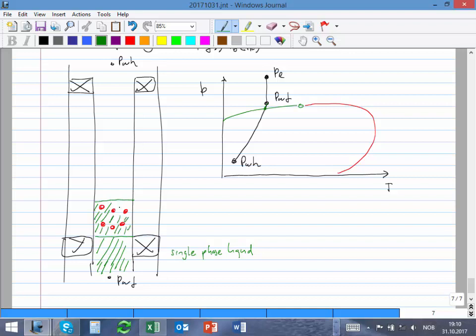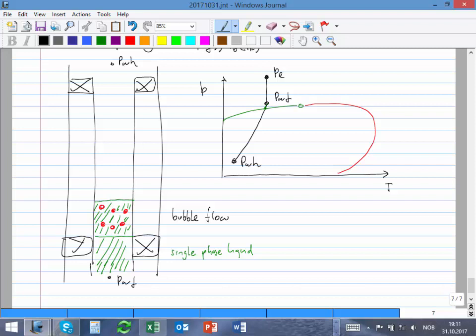And this flow pattern that I have, this is a flow pattern. It's how the phases of oil and gas arrange themselves in the wellbore. This is what we call bubble flow, because you have bubbles of gas going through the oil.